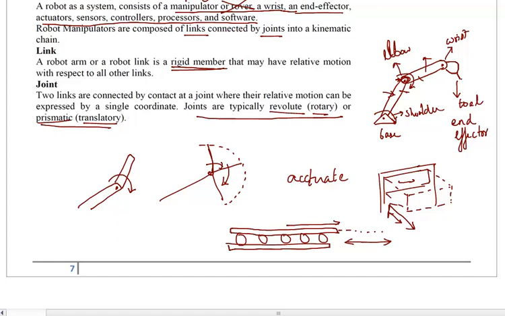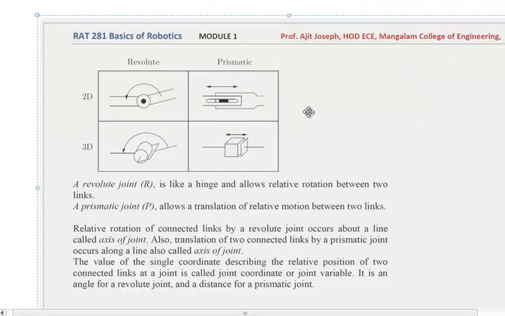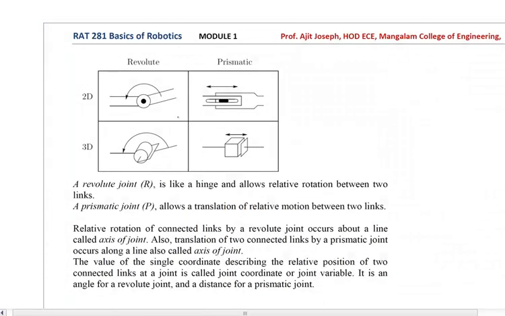Let's look at some of the images. For example, here we have a revolute joint, and you have the direction moving in this way. Sometimes it is also drawn like this. How do we draw it? Because you should learn how to draw it.